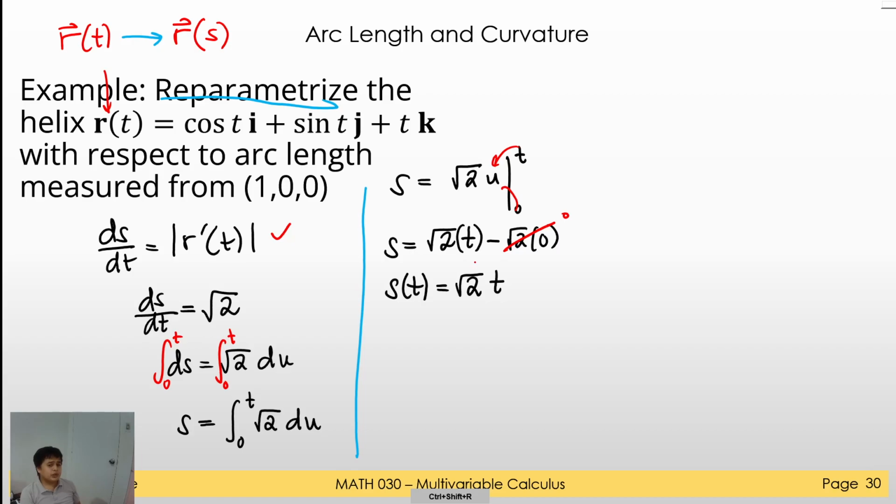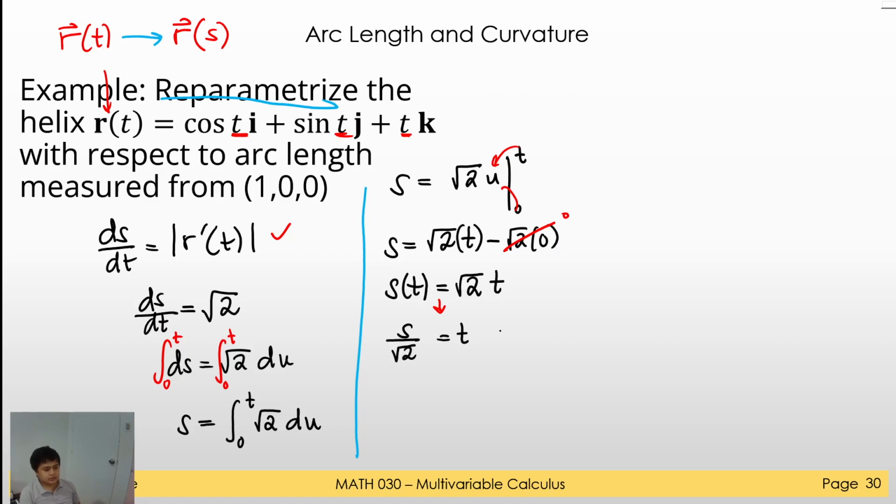Therefore, to have a relationship between these, to parameterize our vector valued function as a function of its arc length, we can now substitute the t here. We can write t is equal to s over the square root of 2.